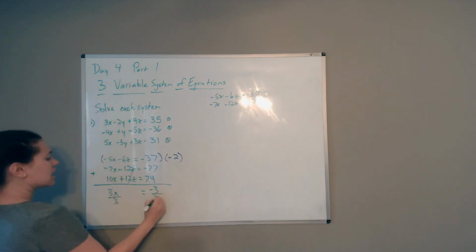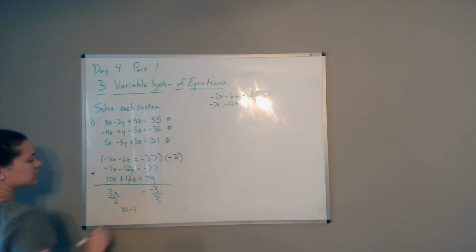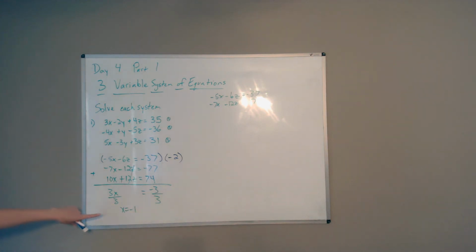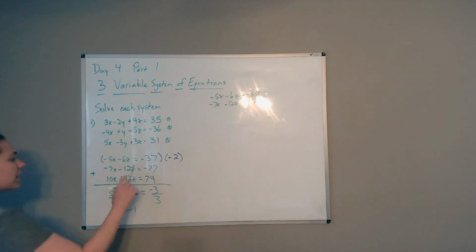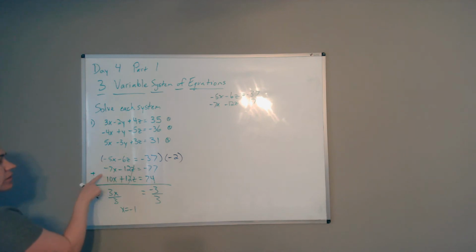Divide by 3. And I know what x is. X is negative 1. And so now we can solve for z. We can't solve for y yet. We can solve for z because I have two equations right here, and technically I could use this one, that have just x and z in it.